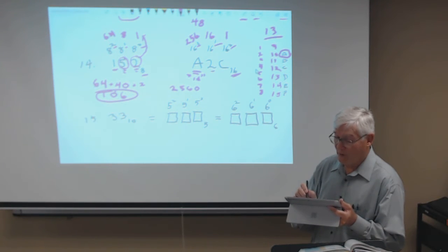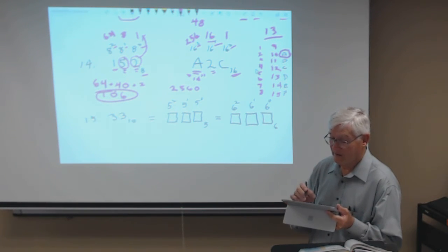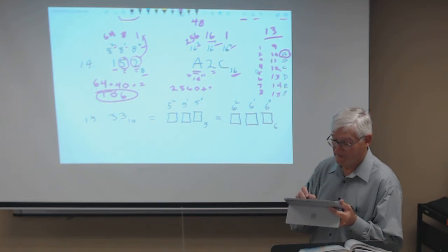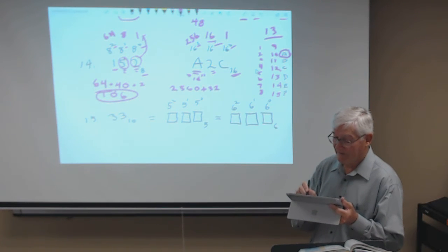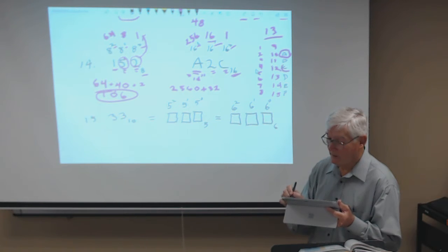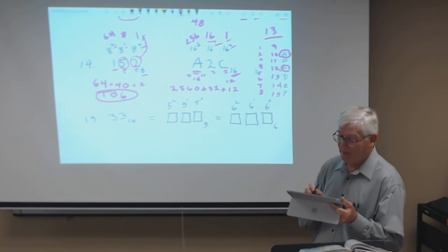And I have two 16s. What would two 16s be? Plus 32. And I have C. What's C stand for? 12. I have 12 ones. So that would be plus 12. And what does that add up to?